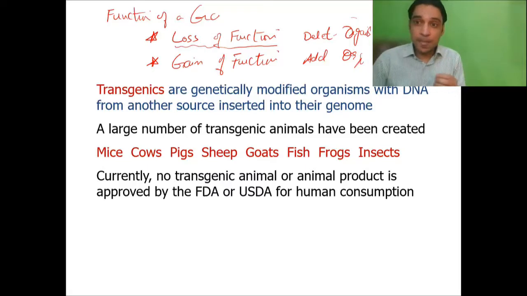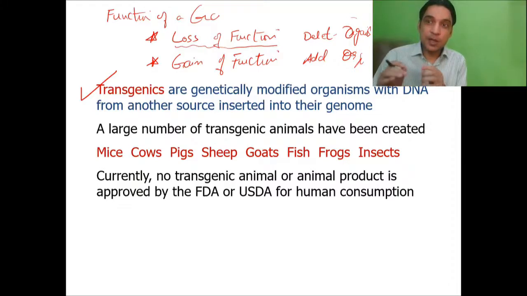So originally, creating the genetically modified organism had a theme, and that theme was to study the function of a certain gene. That is why people have created transgenic, genetically modified organisms with an external piece of DNA integrated into their genome.